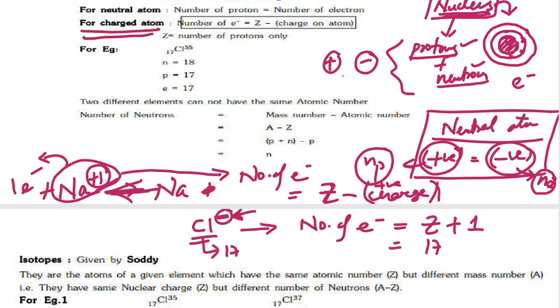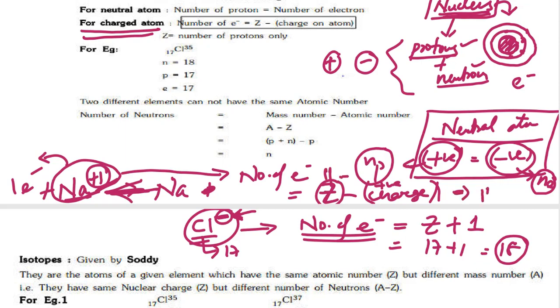Therefore 17 plus 1 equals 18 will be the total number of electrons present in Cl minus. Similarly for Na plus, how many electrons will there be? Sodium's atomic number is 11. So the number of electrons will be atomic number 11 minus 1 positive charge, right?